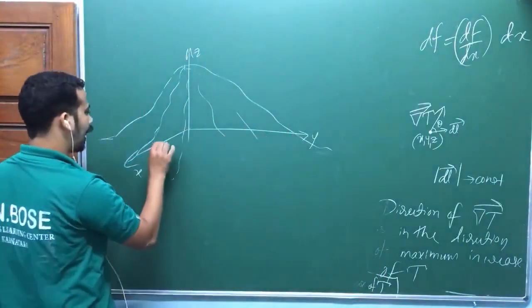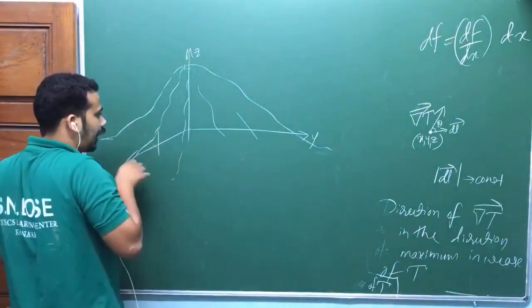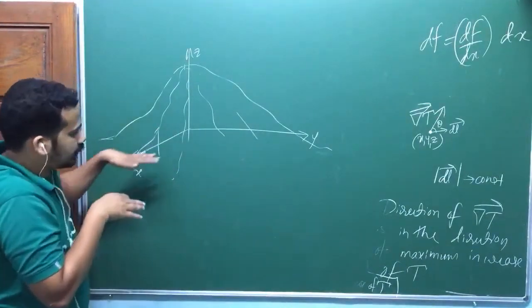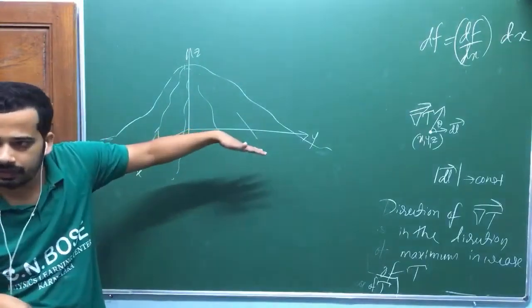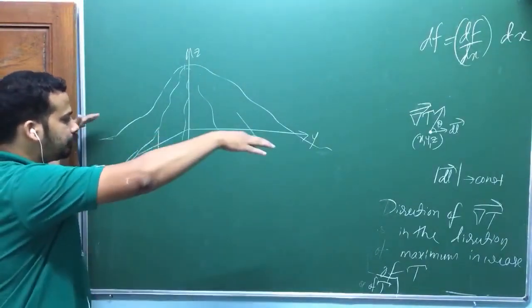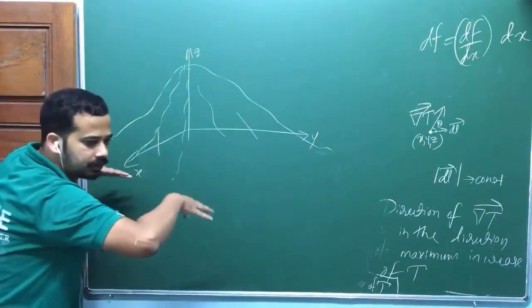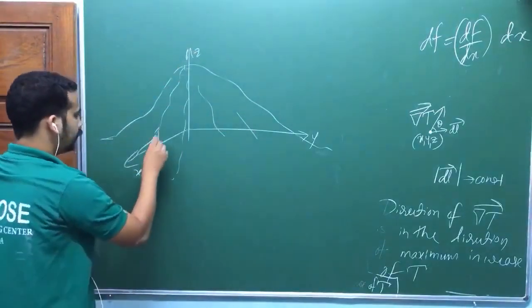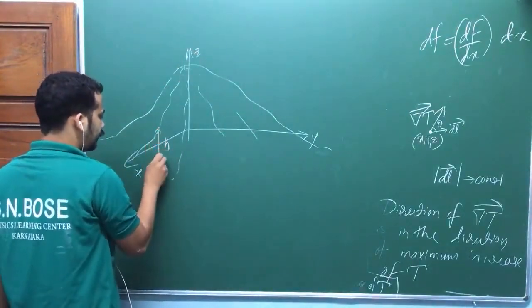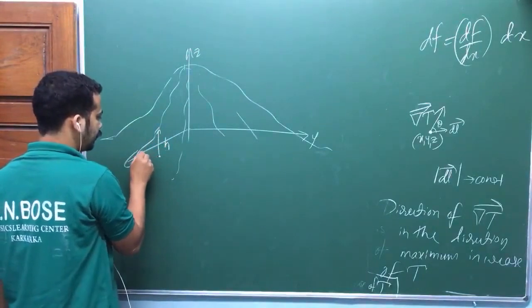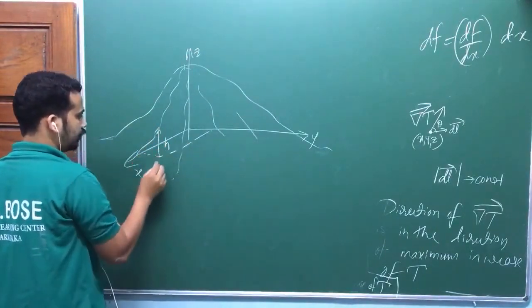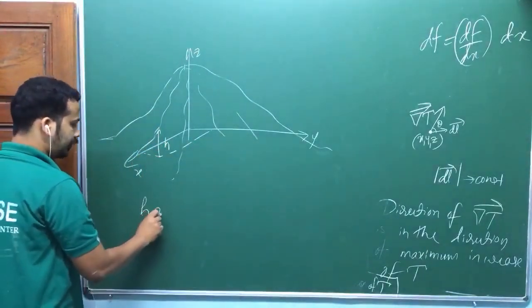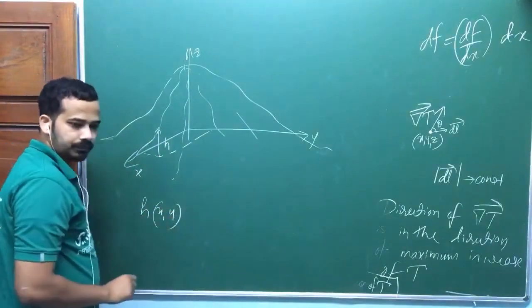Now that height of that one, height from this ground, that ground I will take as the XY plane, okay? Can you imagine? From that ground, that hill is above, okay? Now this height is a function of X and Y, isn't it? Height of the hill as a function of X and Y.